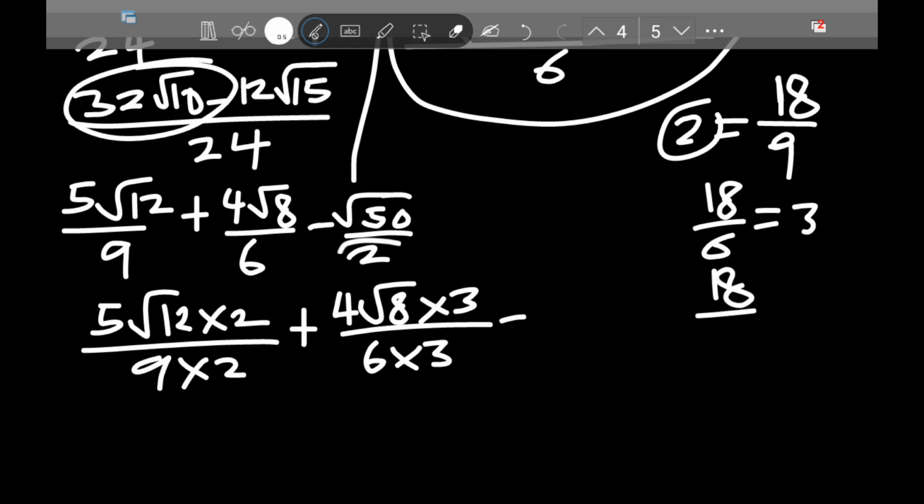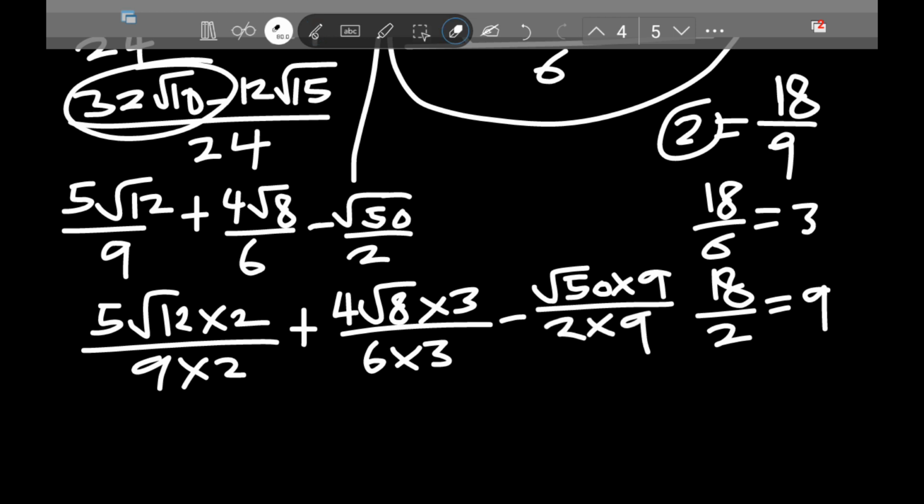You want to divide it by 2, the third denominator. 18 divided by 2 is 9. So you should get root 50 times 9 over 2 times 9.